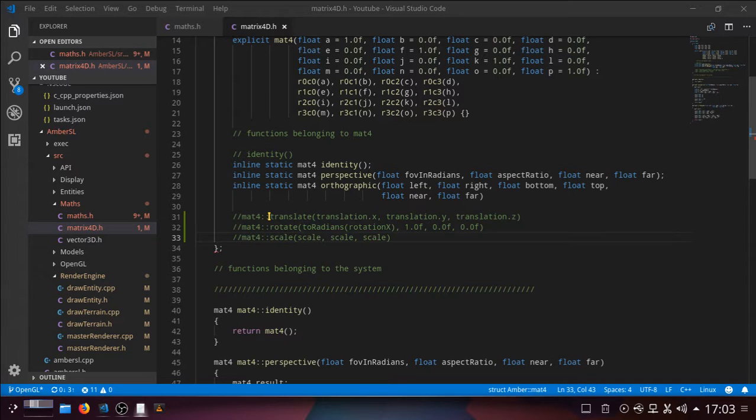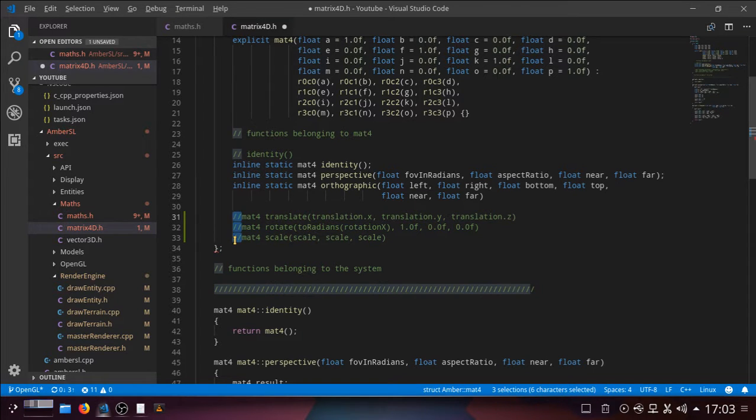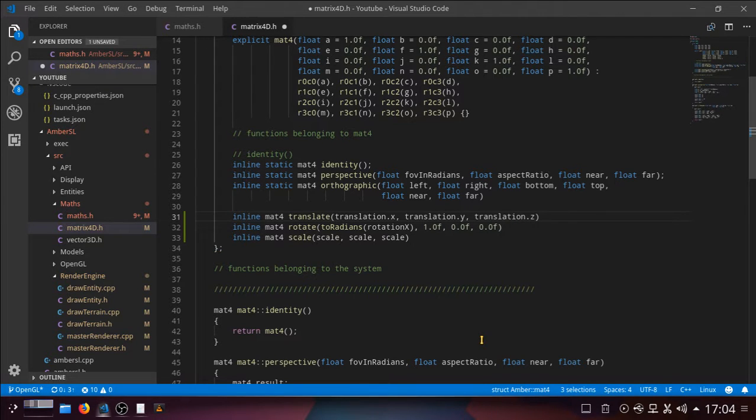So all we need to do is take the doubles out, put a space. And what I can do is I can do Shift-Alt down that lot. And for those 2 things there, I'm just going to type inline static Mat4. And then we need the proper variables here.